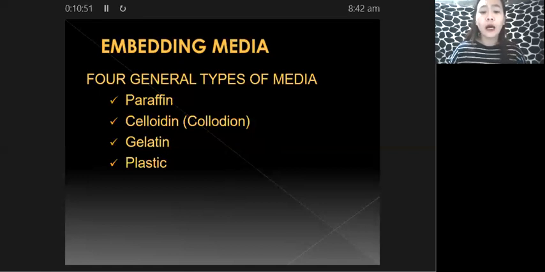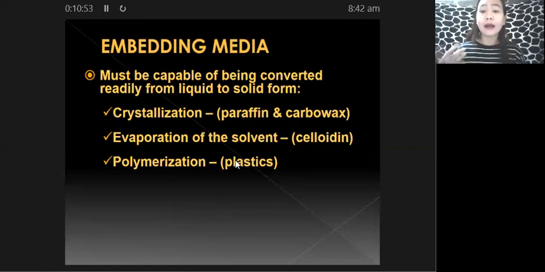So the most important characteristic of your embedding media is that it should be capable of being converted readily from liquid to solid form. Why do we need the liquid form of your media? The liquid form allows us to perform infiltration.